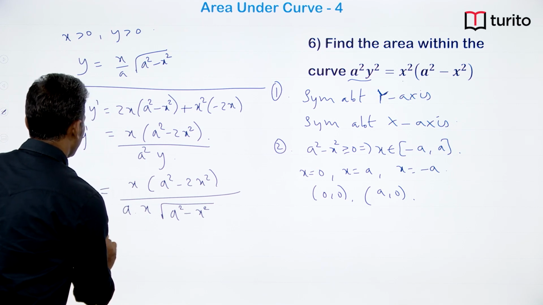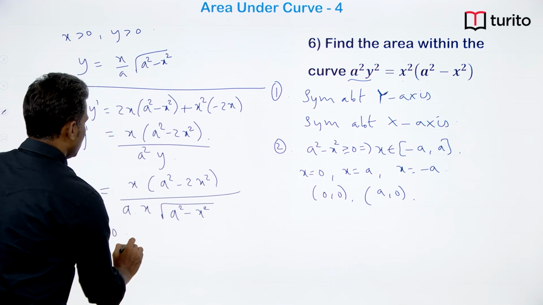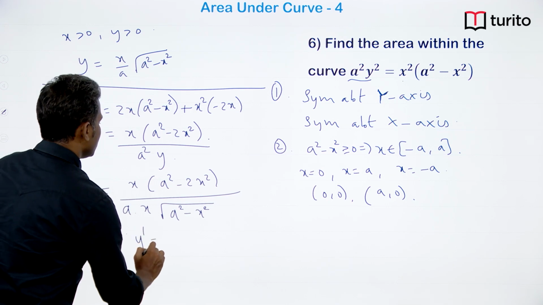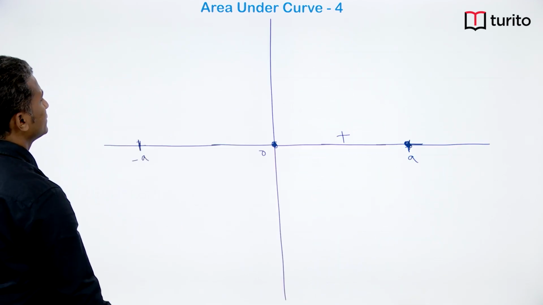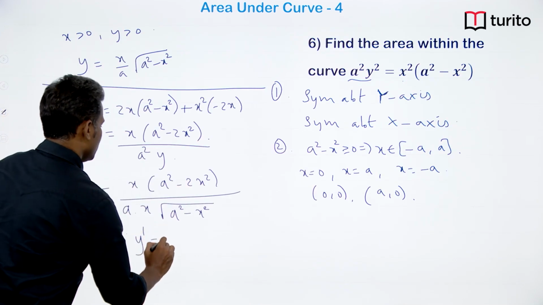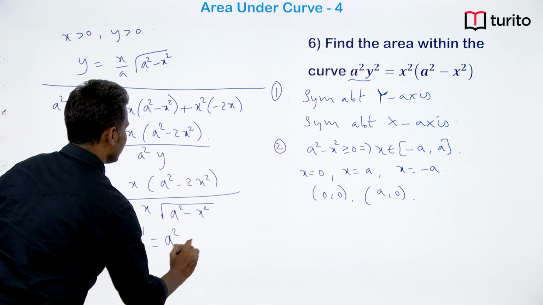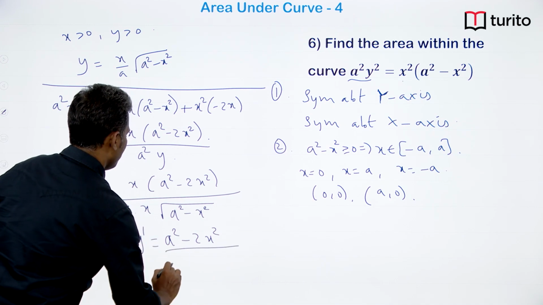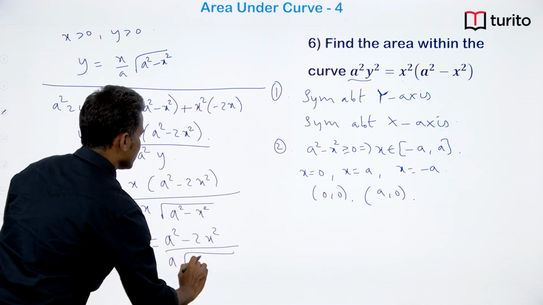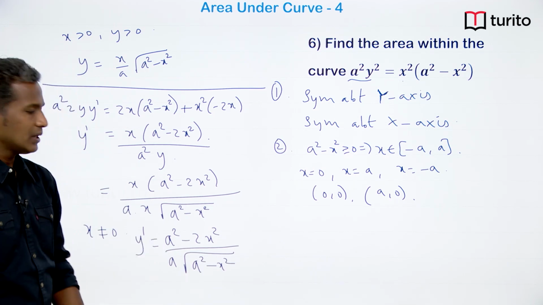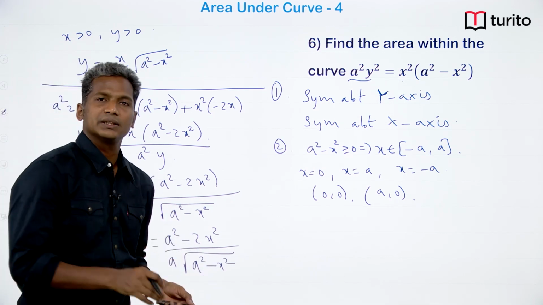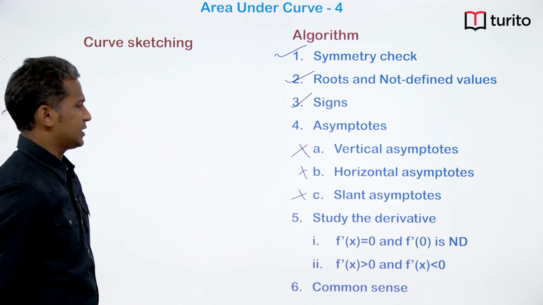So if x is not equal to 0, then I can get y dash as a square minus 2x square by a into root of a square minus x square. Okay. So I got the y dash here. Now I'll study this y dash separately in this page.